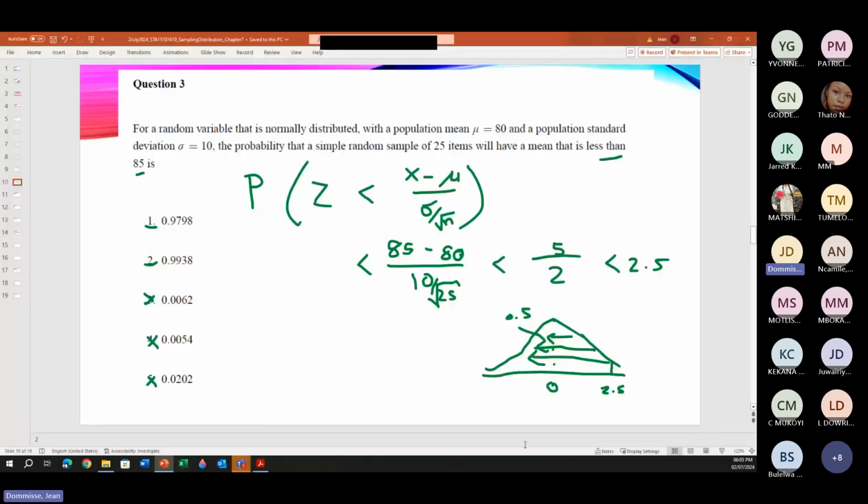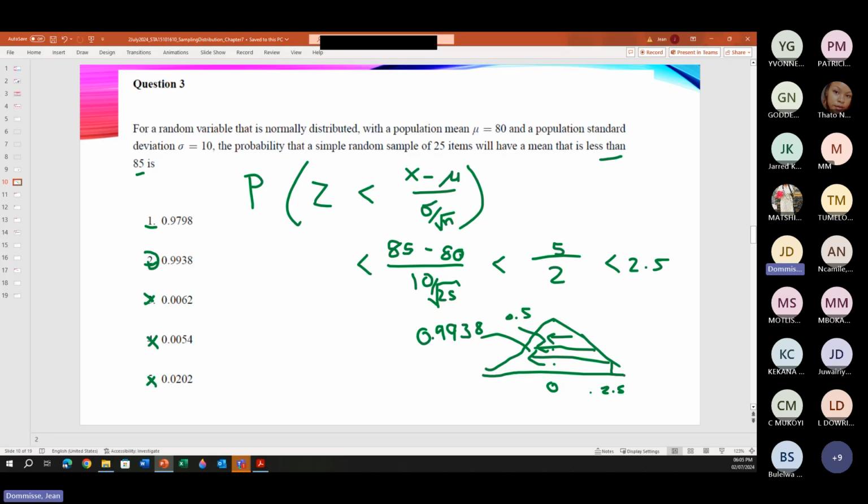Sorry, wrong. So we know that that now is 0.9938. Okay, so option 2 is the correct one.